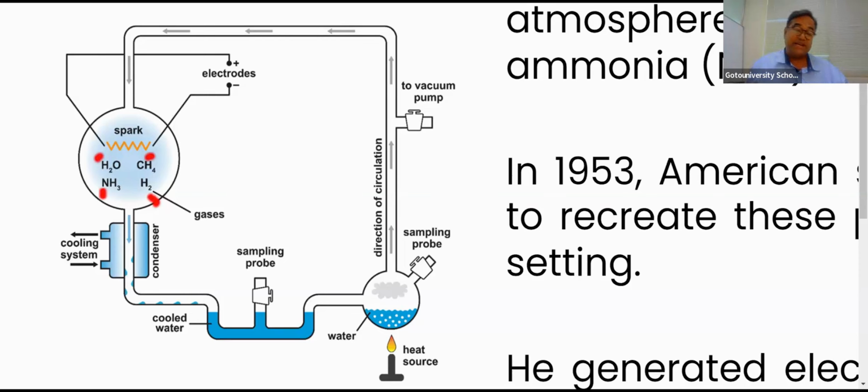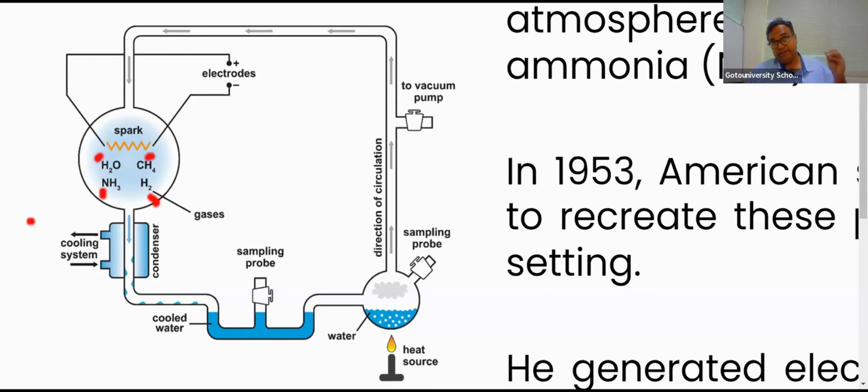In this flask, we are passing current with the help of electrodes. In this particular electrical circuit, methane, ammonia, hydrogen, and water are all combining with each other, and they come out as amino acids. The ammonia, methane, hydrogen gas, and water vapor, all these things we are passing into the important mixing area. We used to call it the spark area.